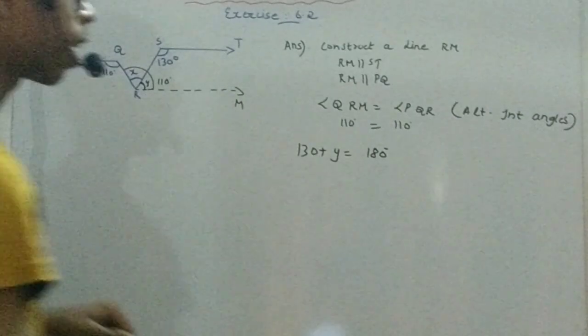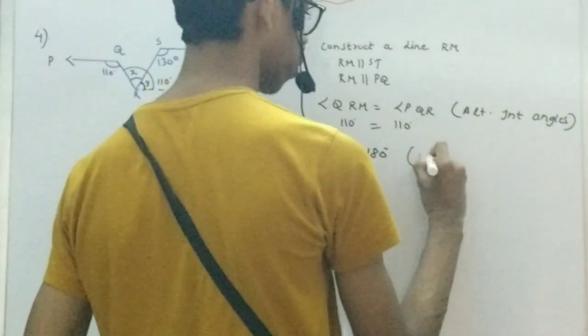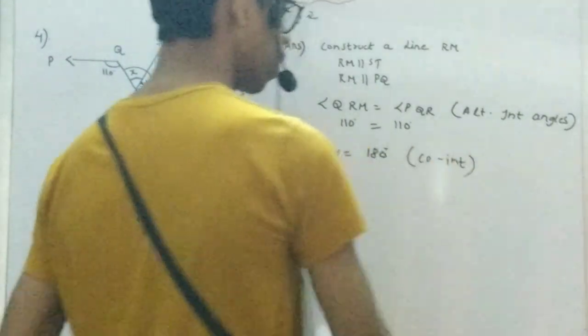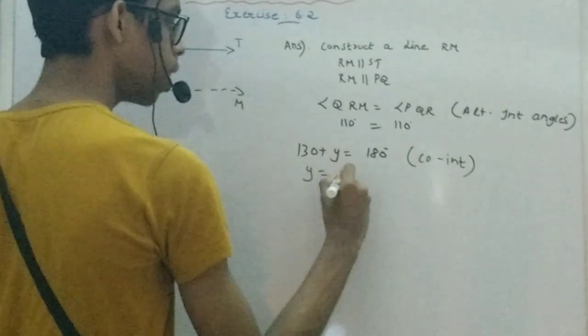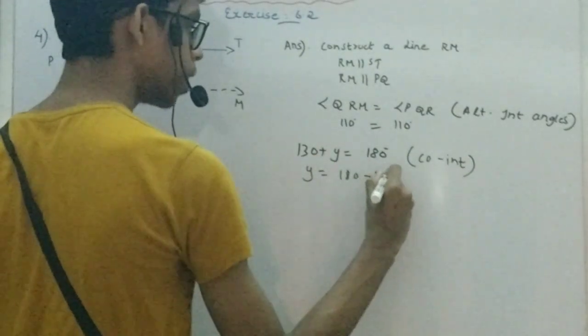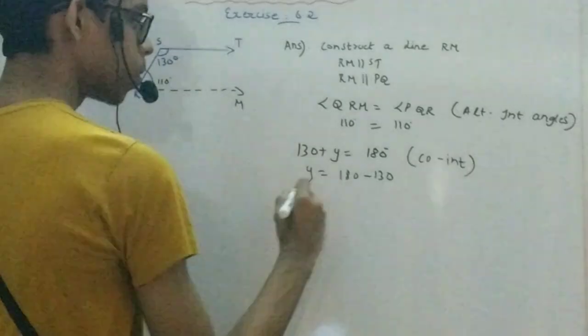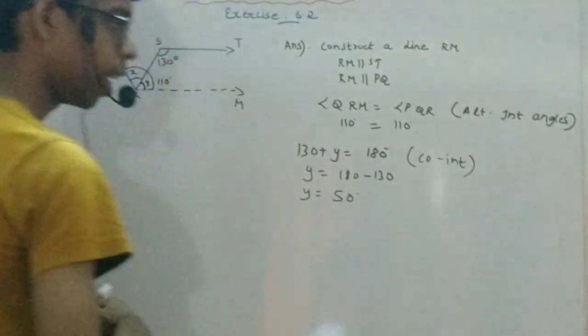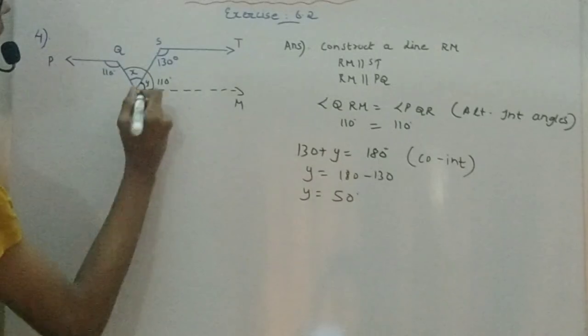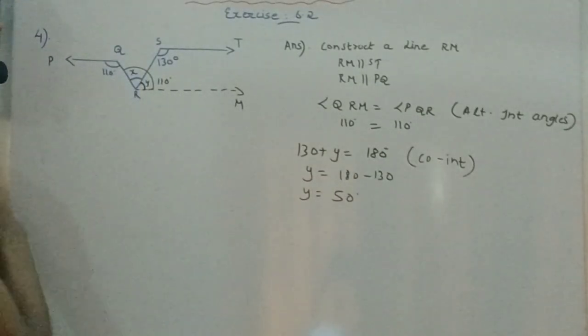We know co-interior angles are supplementary. So I can find the value of Y as Y is equal to 180 minus 130. So I will be getting Y is equal to 50 degrees. We have got Y is equal to 50 degrees.